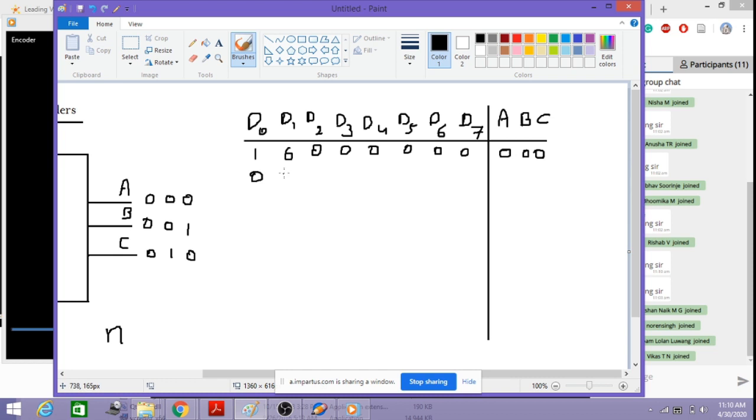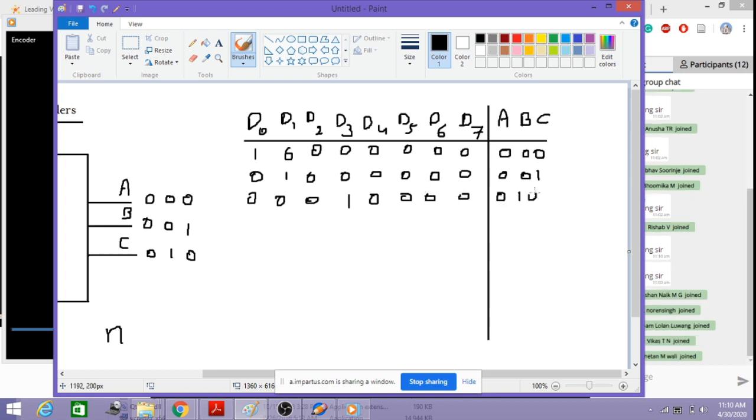In the next case, when this is 1 0 0 0 0 0 0, the corresponding output generated is 0 0 1. Then likewise, when this is 0 0 0 1 and the remaining inputs are all 0, the output generated is 0 1 0.